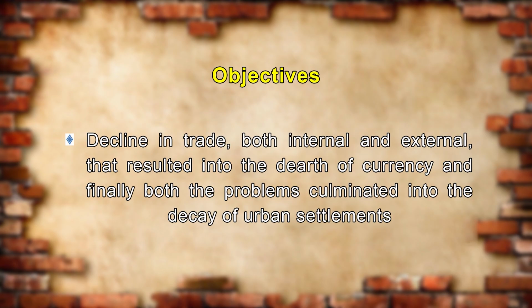Decline in trade, both internal and external, resulted in the dearth of currency, and finally, both the problems culminated in the decay of urban settlements. Such issues became the prominent features of the Indian economy and defined the economic scenario of India in the Gupta and in the post-Gupta period.